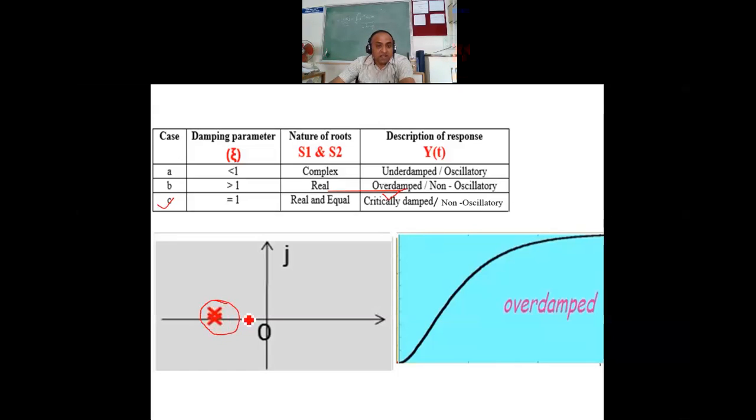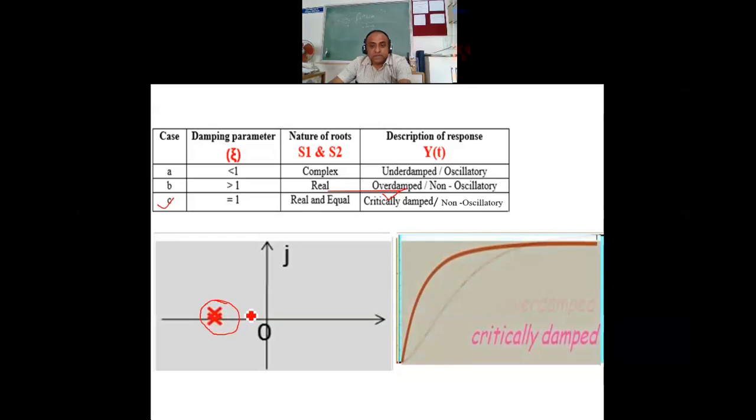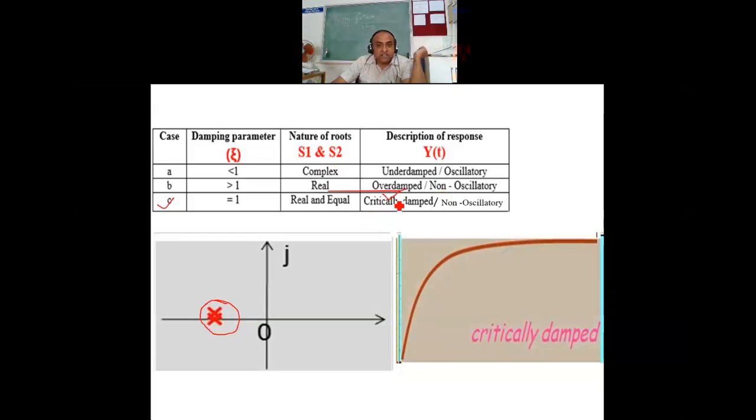They lie on the real axis, and the system is non-oscillatory and critically damped. The response here is a bit faster compared to that of the underdamped system. Underdamped systems are very, very sluggish.